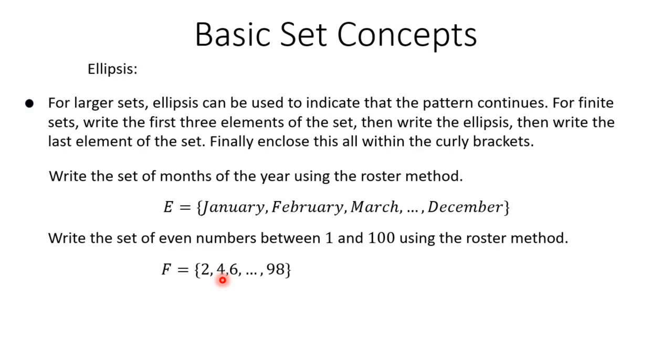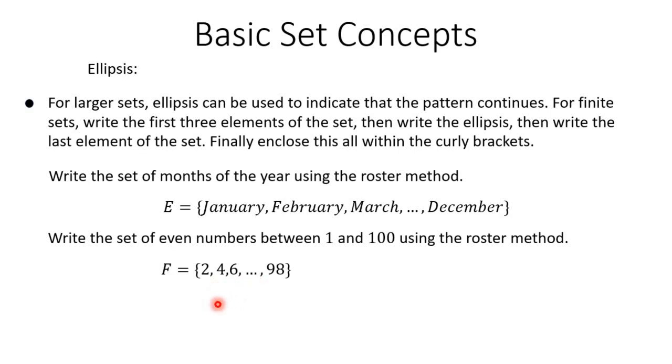And then you put the ellipsis, and then the last even number before 100 is 98. So that's the last even number between 1 and 100. So this list is represented using roster form and ellipsis.